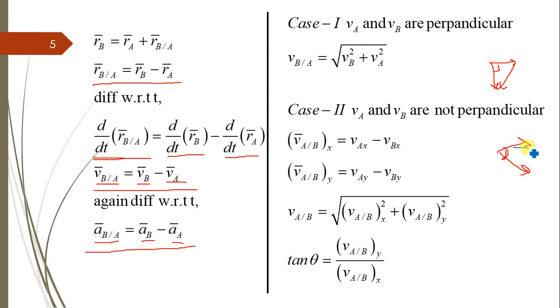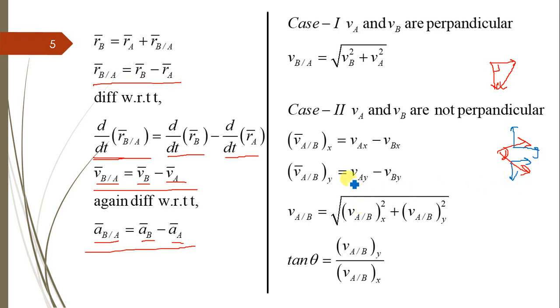So here vector A gets resolved, and this will be the B vector, into x and y. Similarly, the velocity vector of B gets resolved into x and y components.